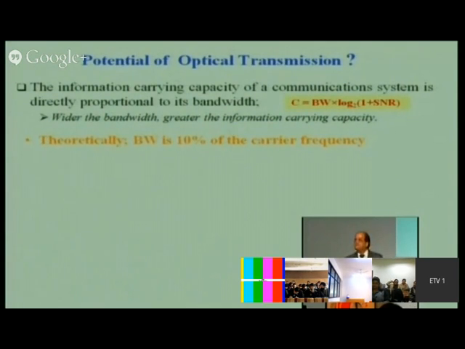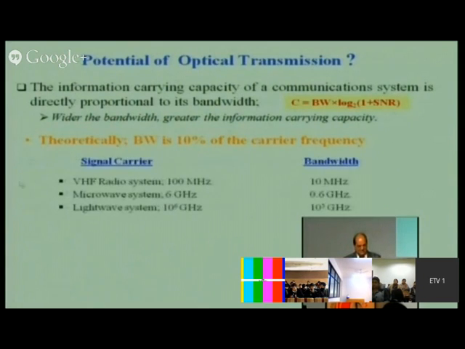You can have a simple comparison. If you have a signal carrier working in a radio system, say 10 megahertz, the bandwidth, 10% of it, will be 1 megahertz. For a microwave system, around 6 gigahertz, the bandwidth may be 0.6 gigahertz, maybe 100 times more than the radio wave system.